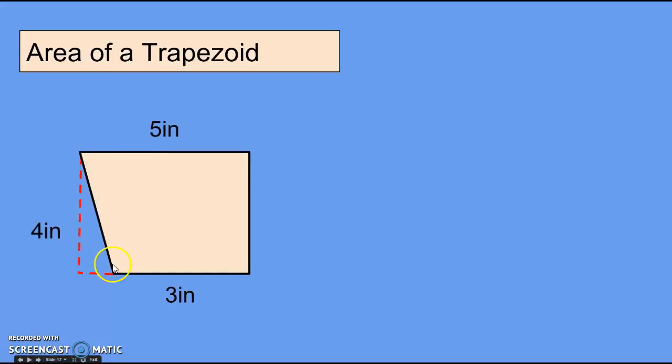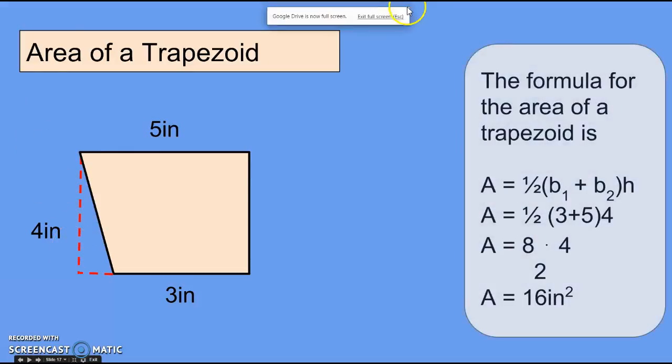So let's give it some numbers here. Our base 1 is 3, our base 2 is 5, and our height is 4. So we replace our variables. Base 1 is 3, base 2 is 5, height is 4.